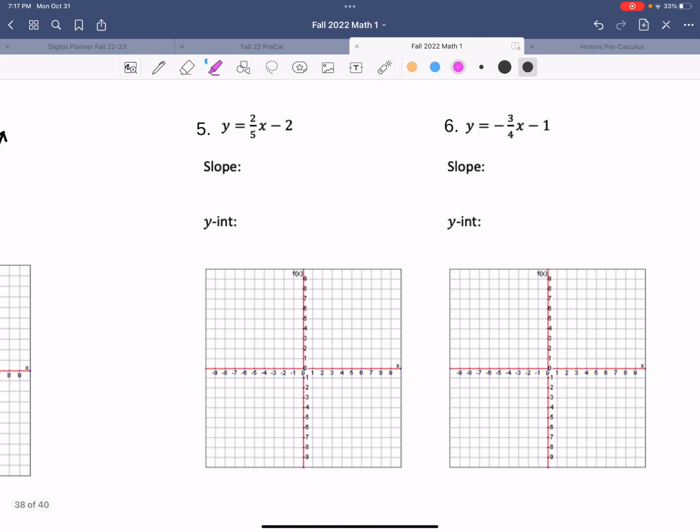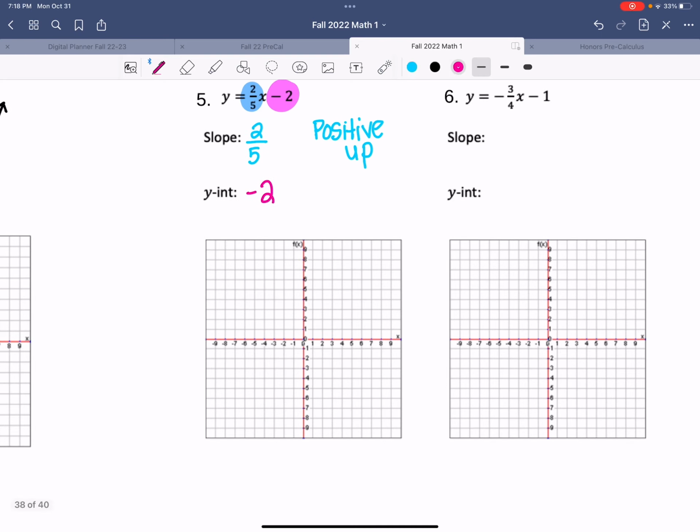All right, so looking at our next one, we have a slope of 2/5 and a y-intercept of -2. My slope is 2/5 and it's positive. So since it's positive, that means we're going to go up. And then my y-intercept is at -2. So remember, we go up or down and then to the right.